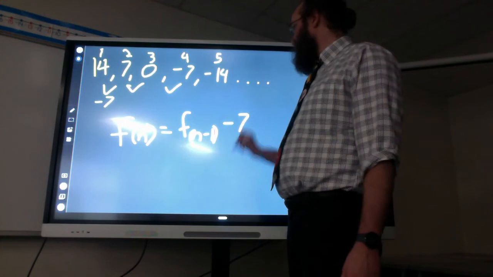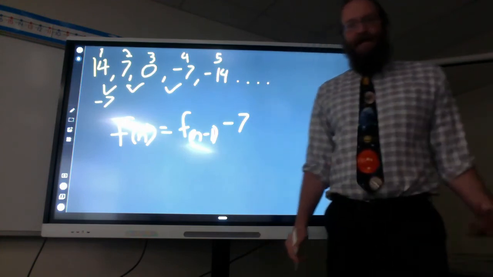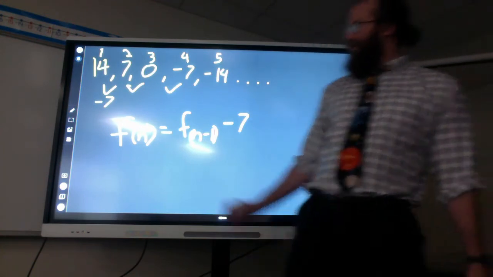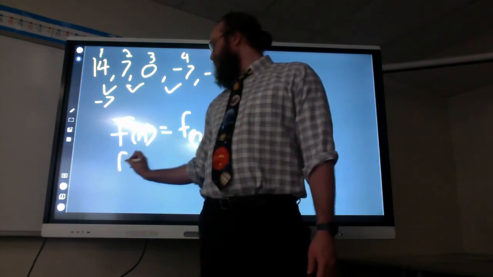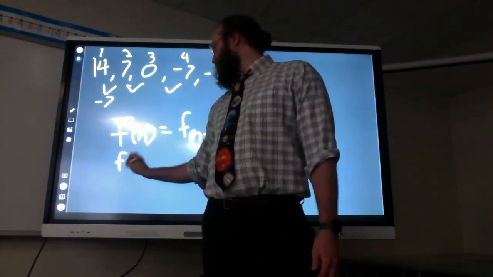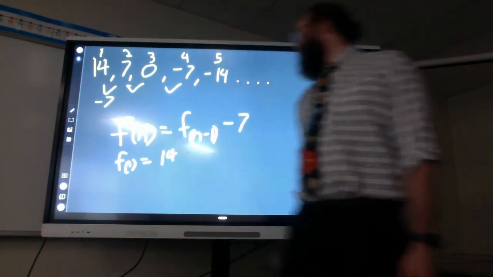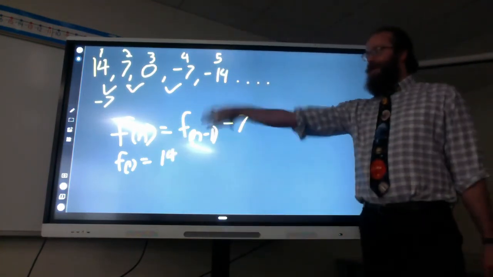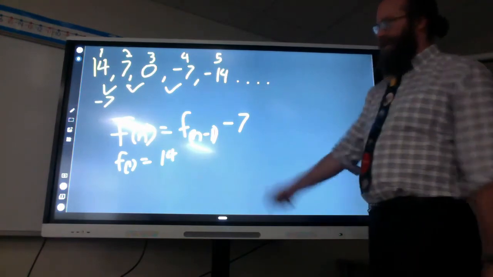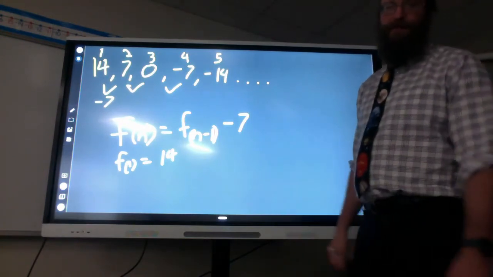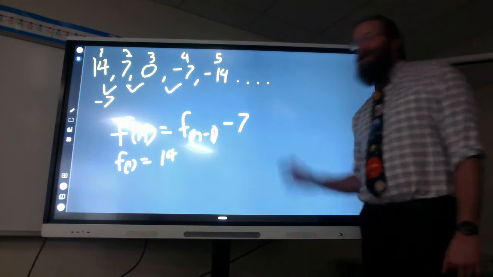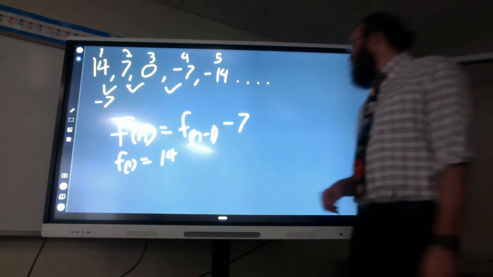In this case, it's negative 7. Last step on the recursive is we're going to start at step 1, and f of 1 equals 14. So to reiterate, f of n equals f of n minus 1 minus 7, and the first step is 14. That is our recursive equation written out.